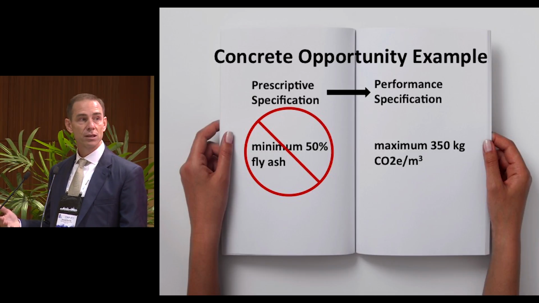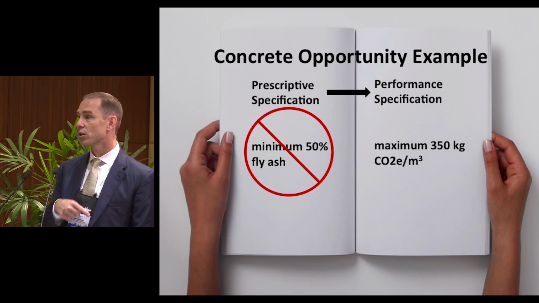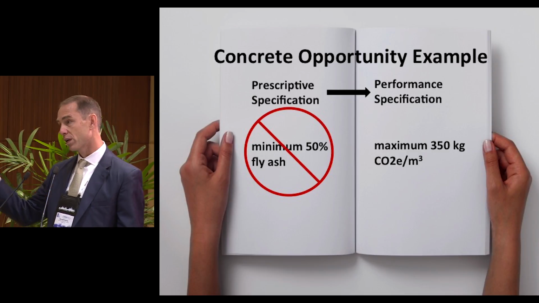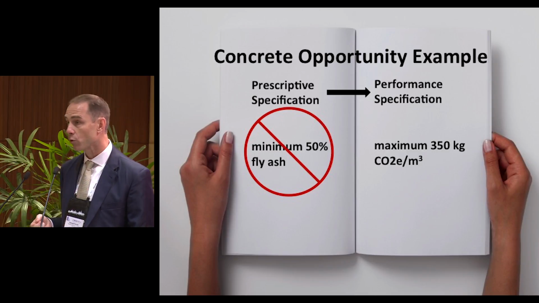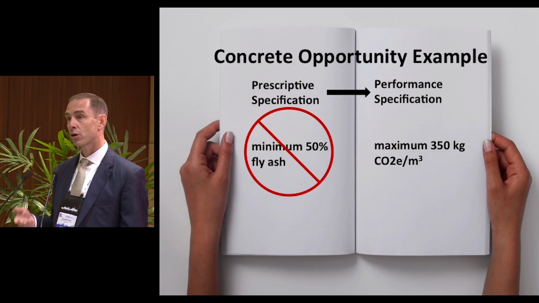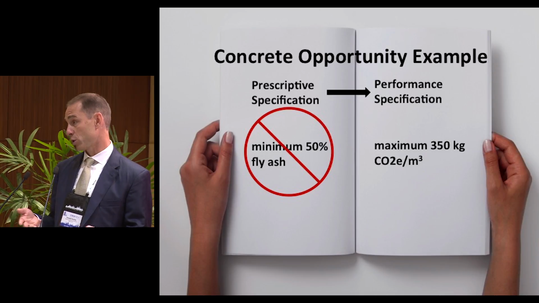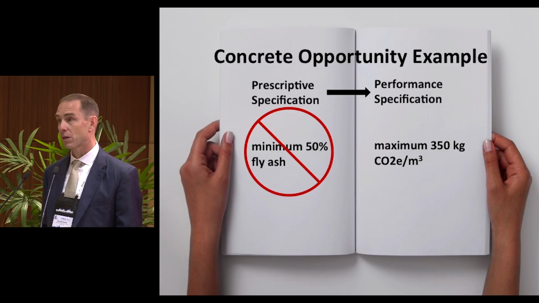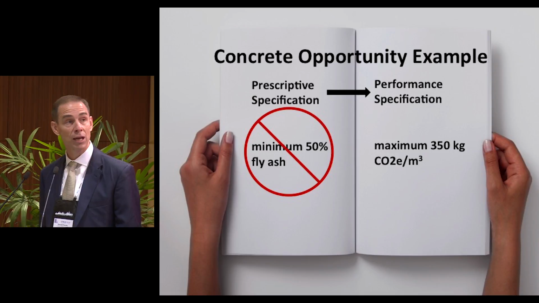Frankly, as a structural engineer, I'd like to get out of telling the material supplier how to make their product. I'm not the expert on that. They are. If we can simply set the benchmark of what we're really after, maybe a lower carbon footprint, we can leave it to their creativity, market abilities and technical abilities to produce mixes to do that. It may not always be simply by cement replacement, by fly ash or another mix. There are a lot of other strategies out there.